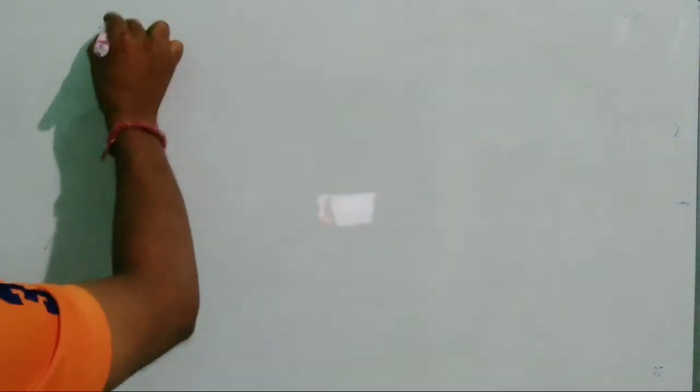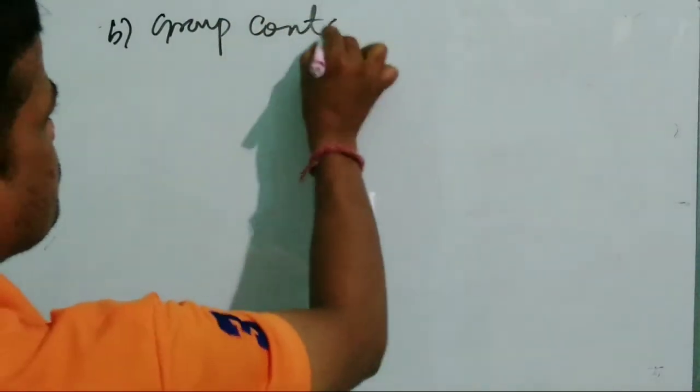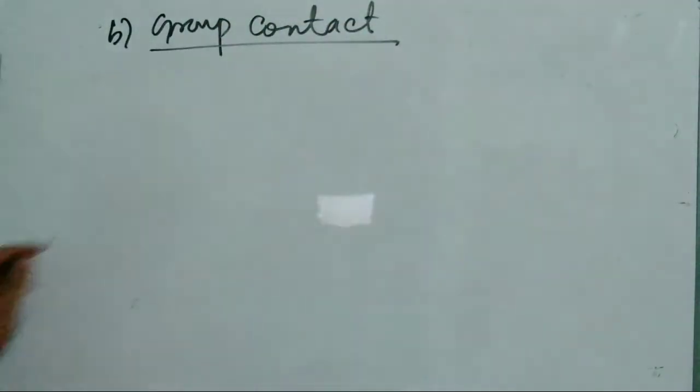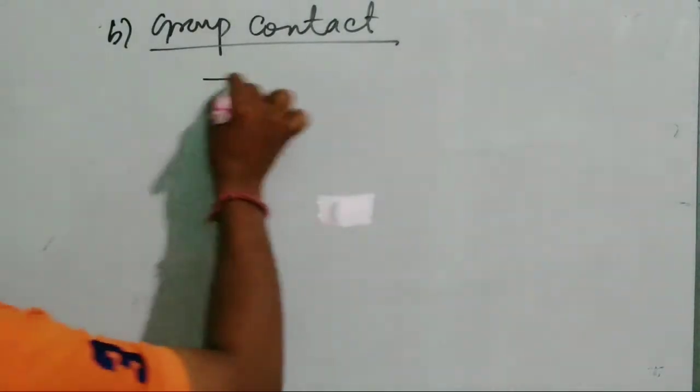Next is number B, group contact. In this method, what happens? Group meetings are conducted.